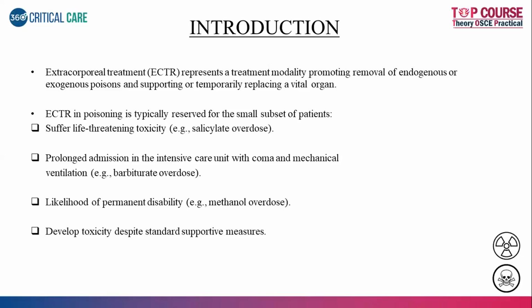Loss of vision is more common with methanol overdose. If that is the case, then you can give an option of ECTR. And those patients who develop toxicity despite standard supportive measures and antidotes, if available, and still have life-threatening toxicity, that is an indication for ECTR.